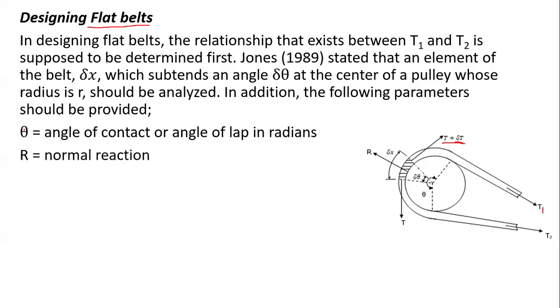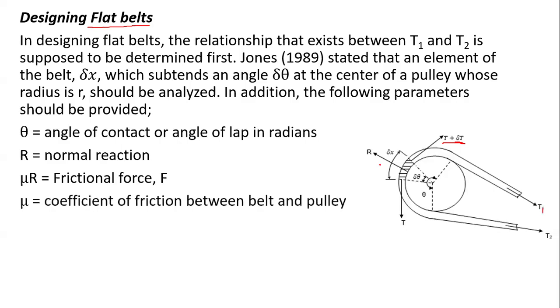Then we have the normal reaction, which is, as the belt is trying to stick to the pulley because of the tensions, then there is a reaction, which is the force acting away from the pulley. That's the normal reaction. Then we also have the friction force F, which is the product of coefficient of friction and the reaction. Then the coefficient of friction as well. This is between the pulley and the belt.